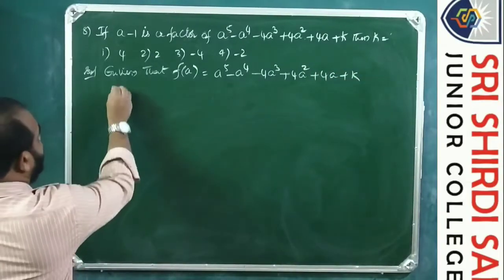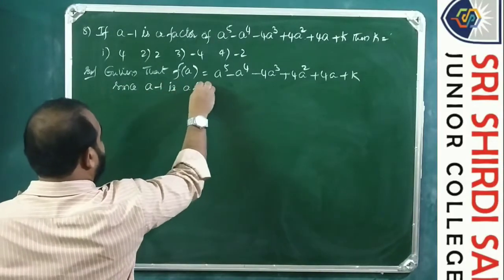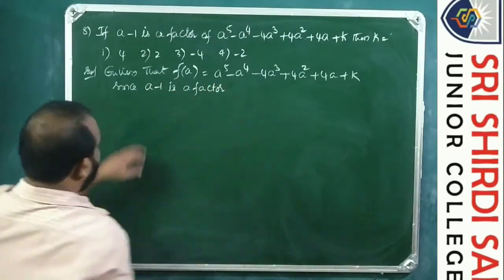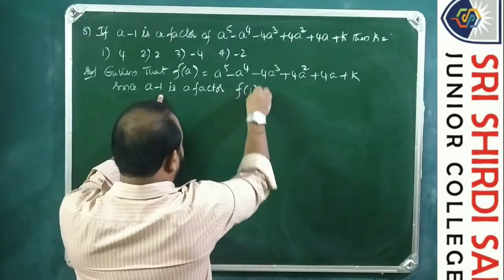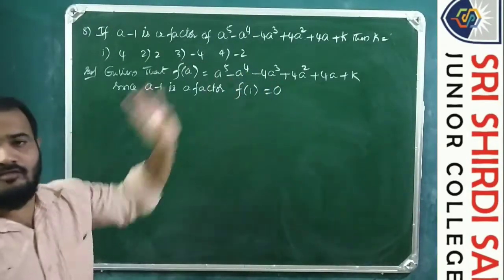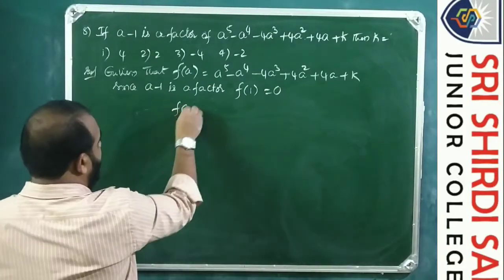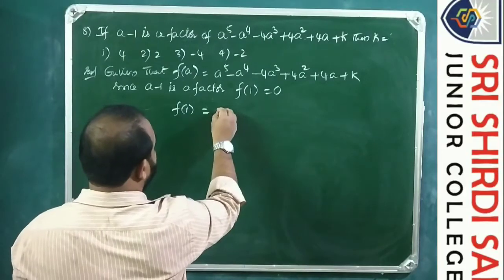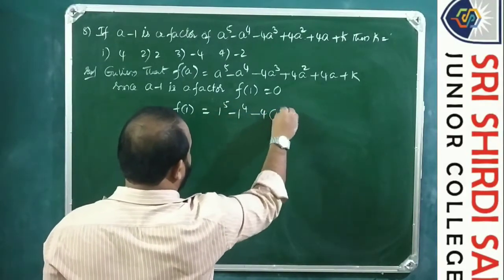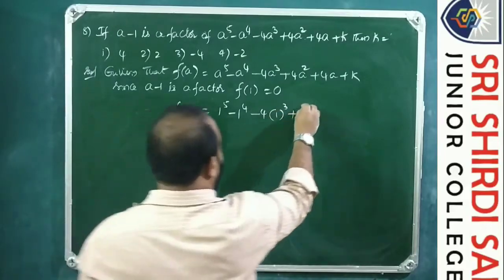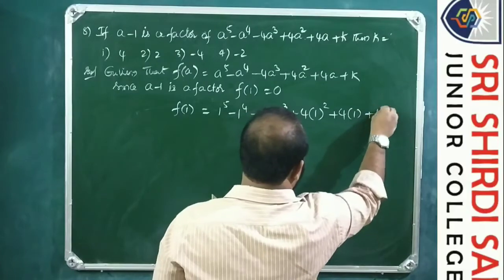Since a minus 1 is a factor, a minus 1 equals to 0, a equals to 1. So f of 1 should be 0. Since it is a factor, remainder should be equals to 0. f of 1 is equals to 1 power 5 minus 1 power 4 minus 4 into 1 cube plus 4 into 1 square plus 4 into 1 plus k.